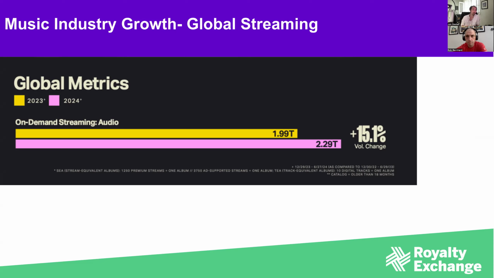A couple different reasons for this. First of all, just more people getting streaming services, but also the emergence of a lot of different international markets, notably Latin markets, India, and a lot of African markets are also contributing to this. But 15% overall growth in streaming effectively is one of the reasons why we are so bullish on royalties and why a lot of royalty investors are bullish as well.